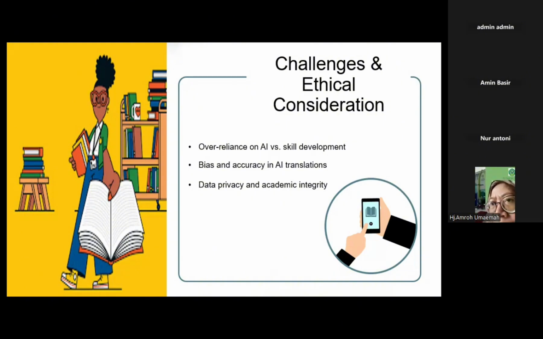So it's important to practice, practice, and practice. So we'll know, for example, the nuance in translation. Sometimes it's missing if you're over-relying on AI. That's why we can use back translation. We can also compare it with our own translation, because before the AI era, we used a printed dictionary, and we took a look at it over and over again.